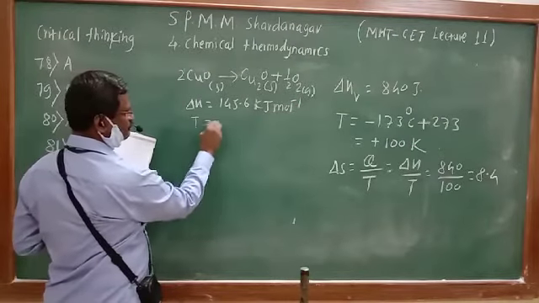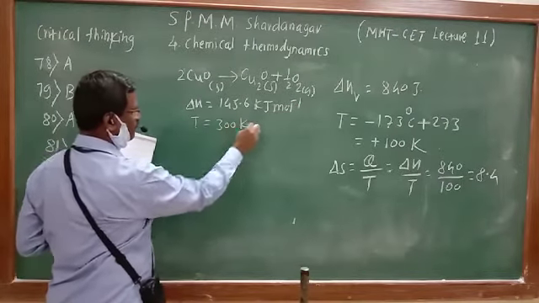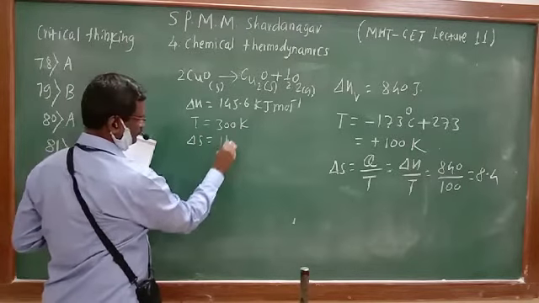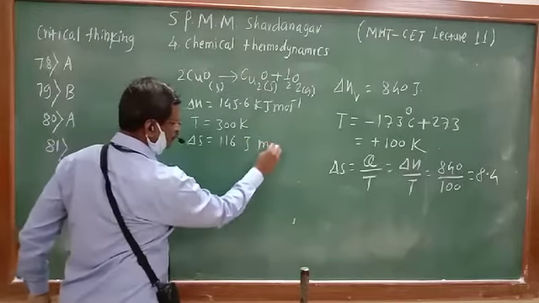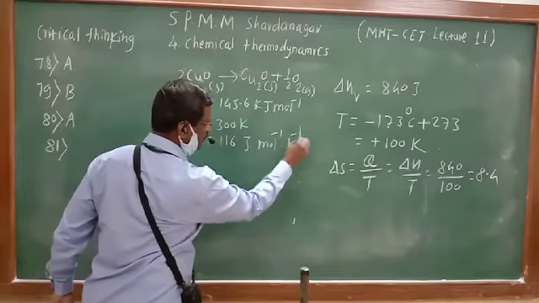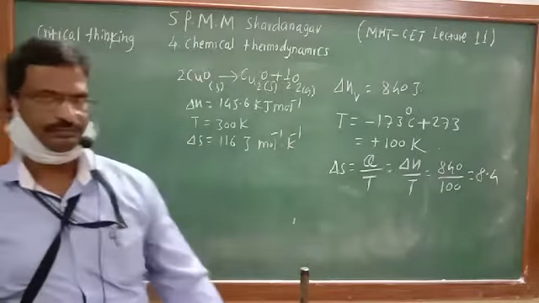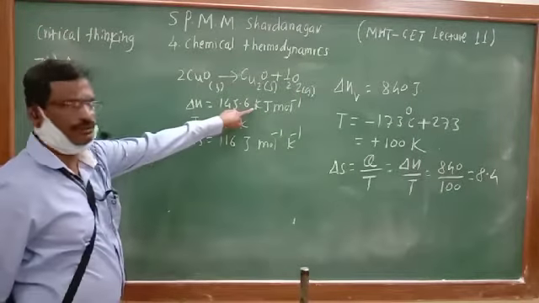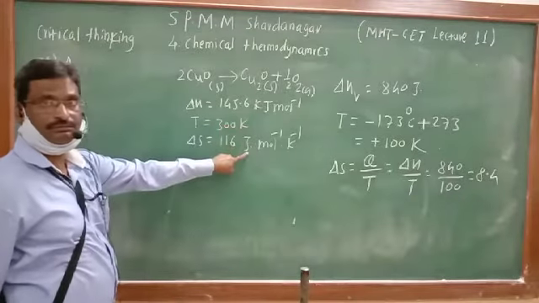Temperature is 300 Kelvin and delta S will be 116 joule per mole per degree Kelvin. This is kilojoule and this is joule.